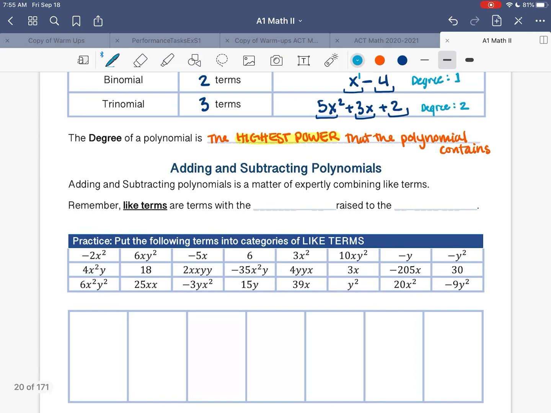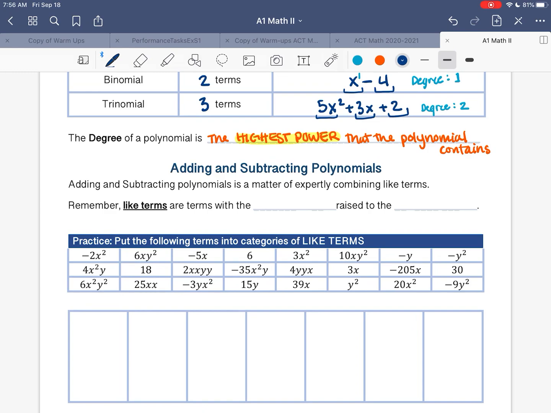Okay, so let's talk about adding and subtracting polynomials. The first thing we need to figure out is what it means to be a like term, because like terms can be combined and unlike terms cannot be. So we have to get really used to this idea of like terms.